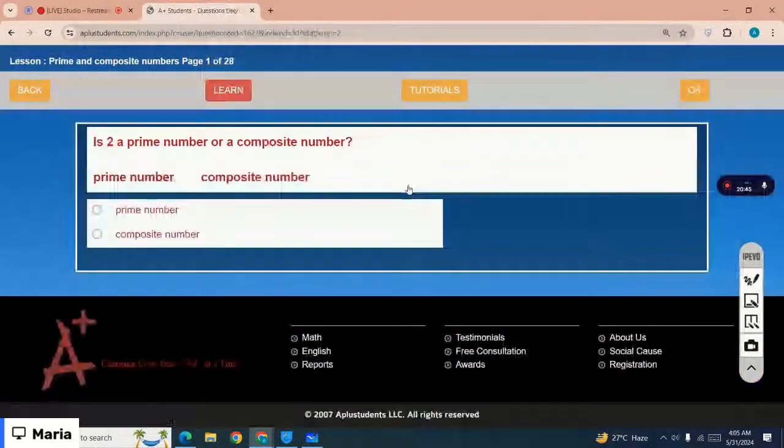Is 2 a prime or composite number? The correct option is prime number. 2 is a prime number.